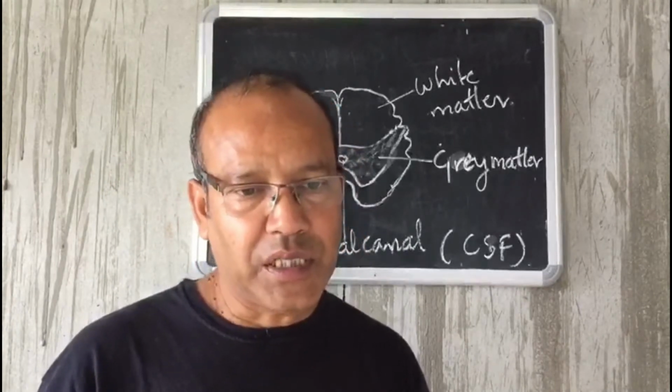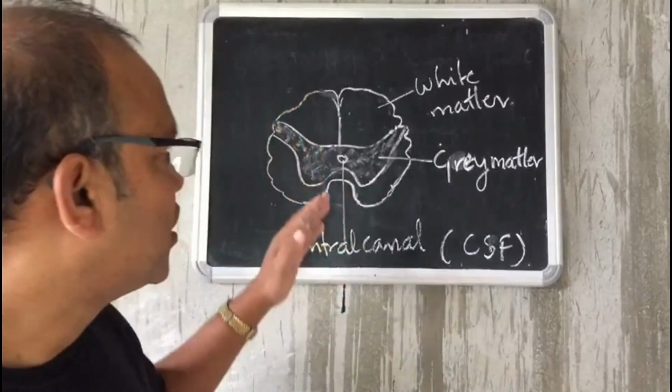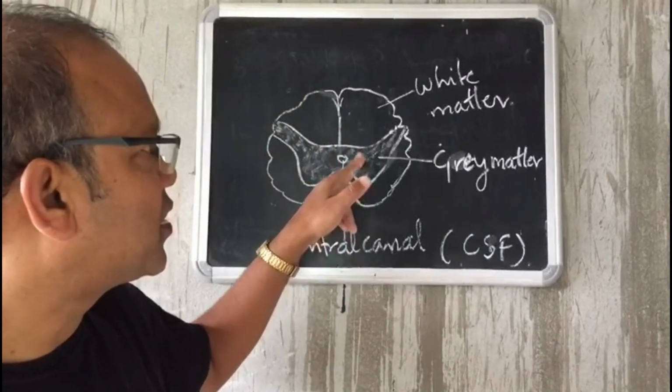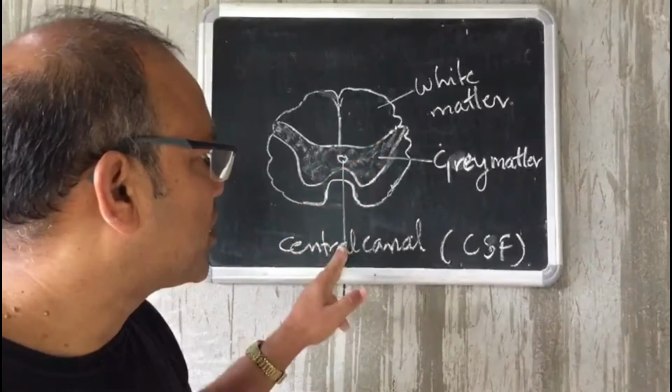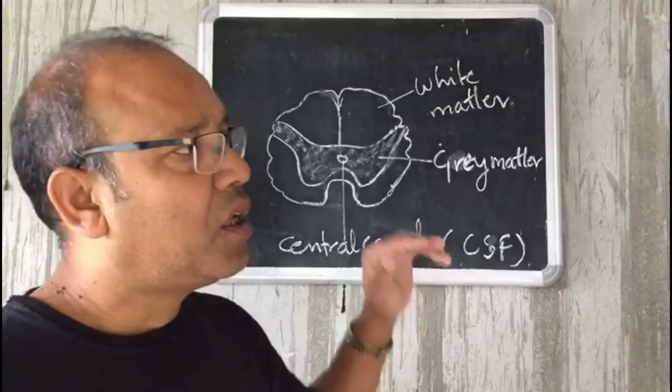So basically, the structure of the spinal cord in the transverse section, we have the grey matter at the center and white matter, and we have the central canal which is filled up with the cerebrospinal fluid.